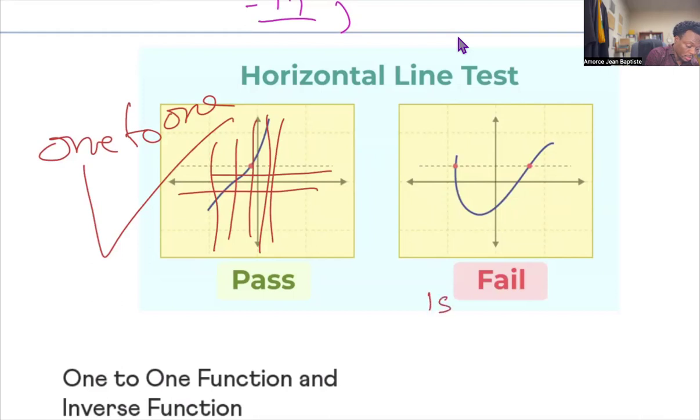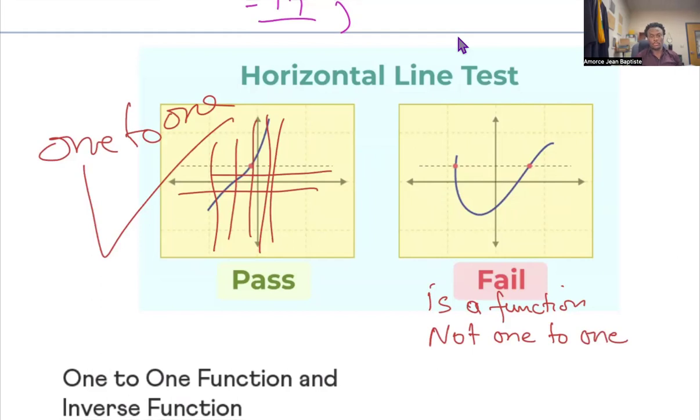It's a function, but not one-to-one. Now, if it's not one-to-one, it does not have an inverse, because when the inverse exists, it should be unique.